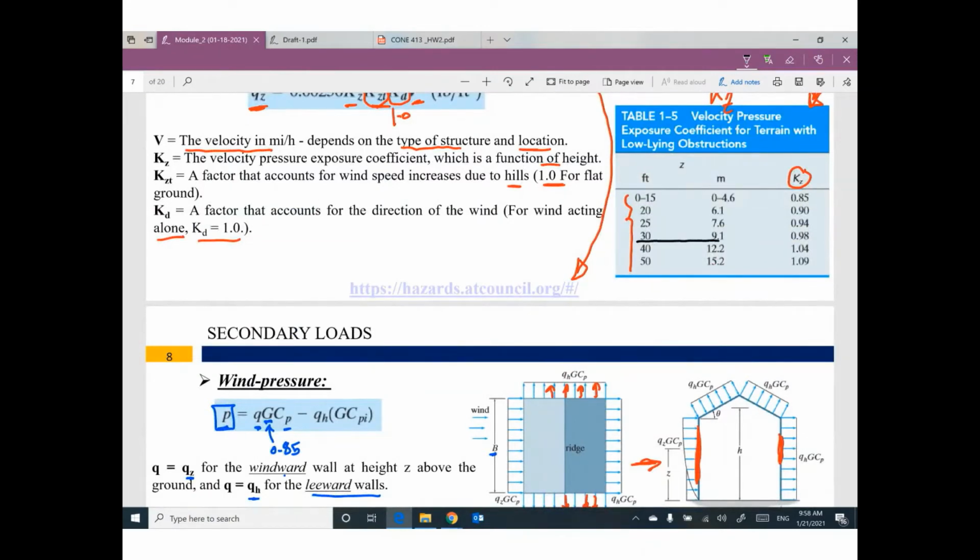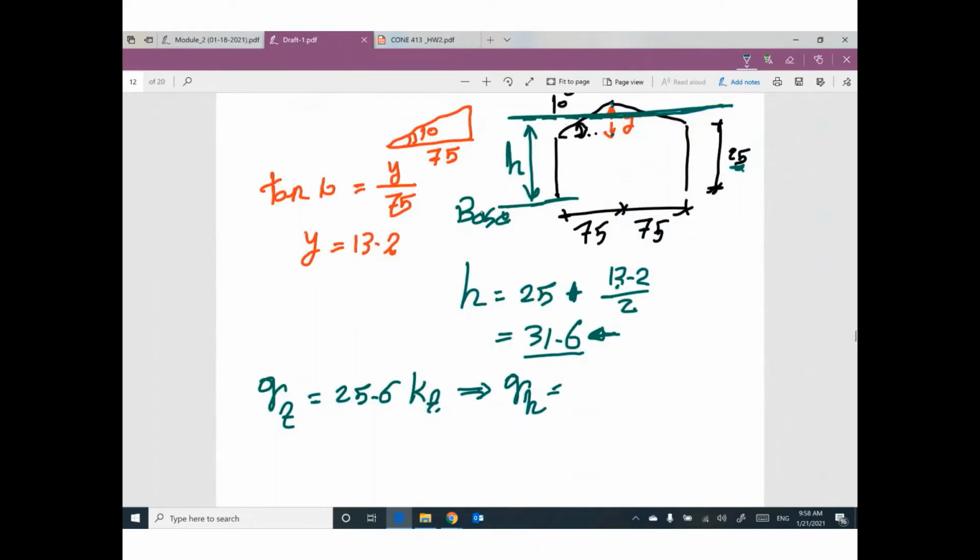31.6 feet, that means the value of KZ equals 0.98. The value of QH will be 25, probably 0.1.